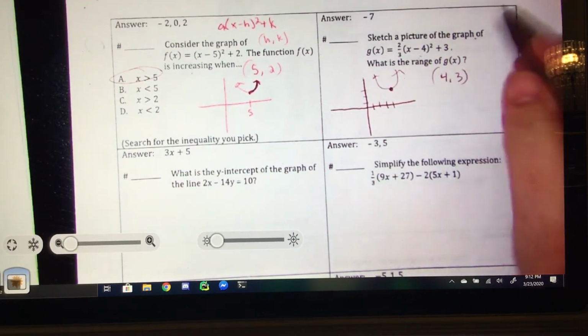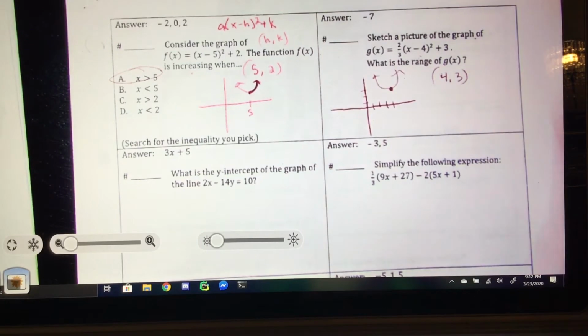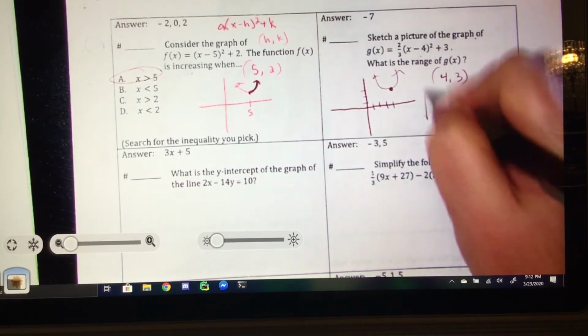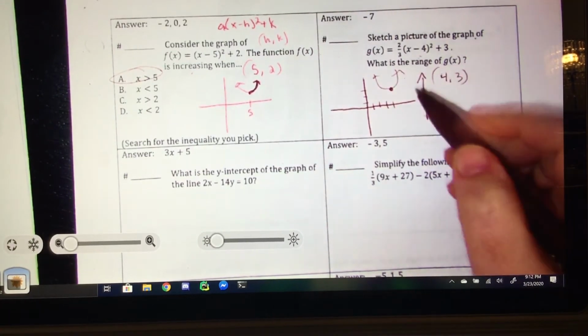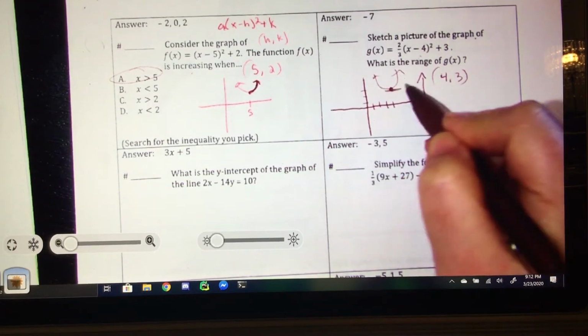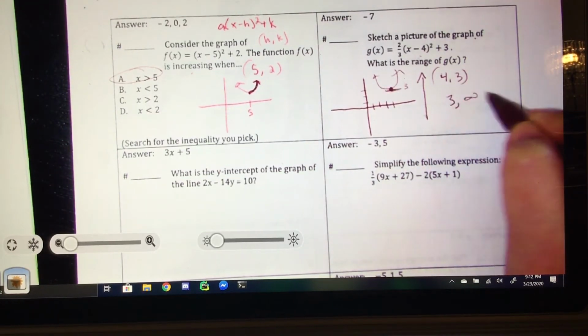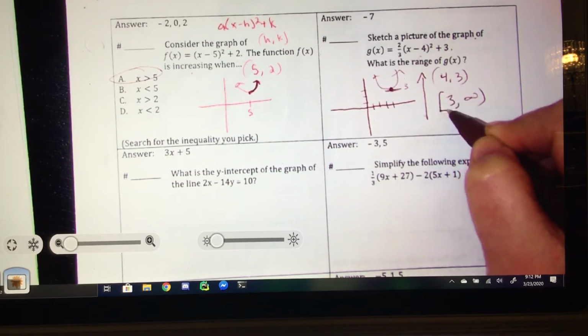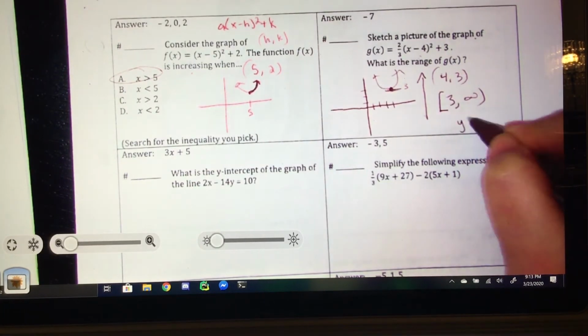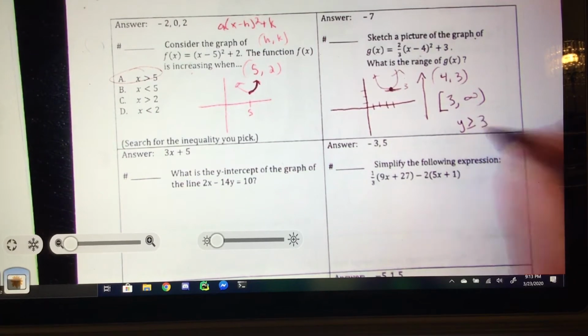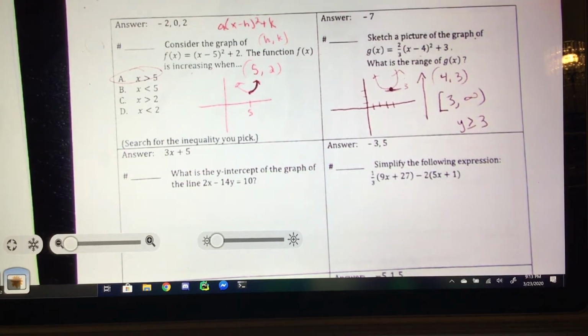Range consists of the y values. It goes from bottom to top, and it starts here at 3. So it goes from 3 to infinity. So y is greater than or equal to 3. There is the answer for that one.